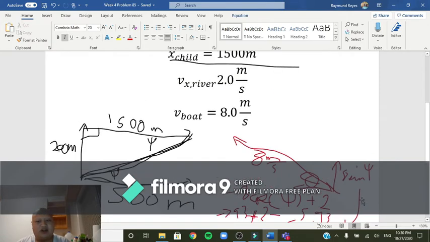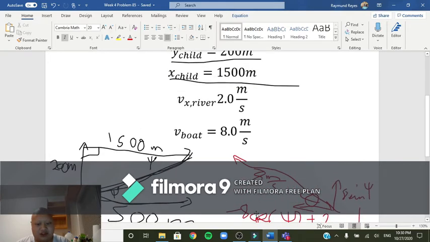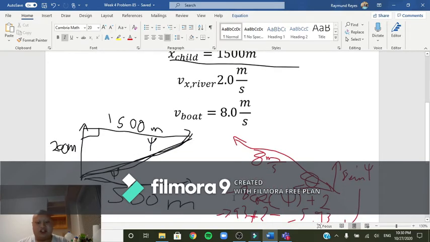Then we get the horizontal component by using the negative cosine phi times 8 meters per second. The reason why it's negative is because it's going left instead of right. So it's going negative 8 cosine phi.